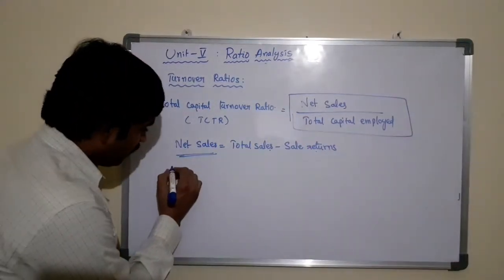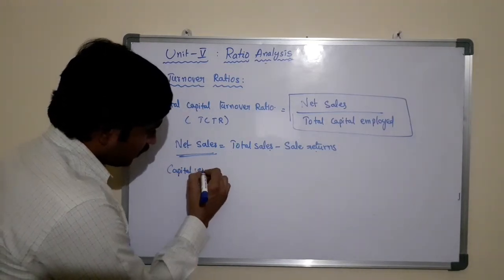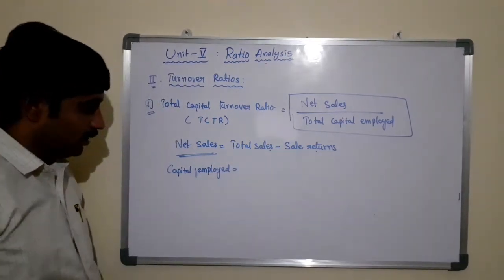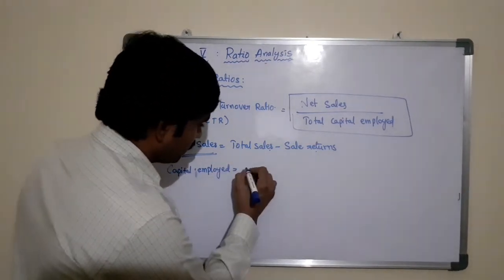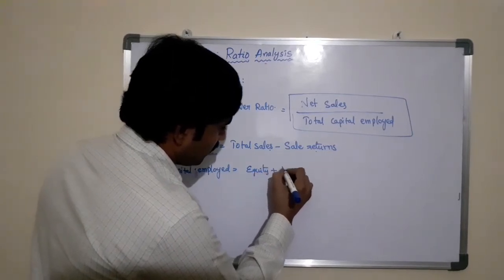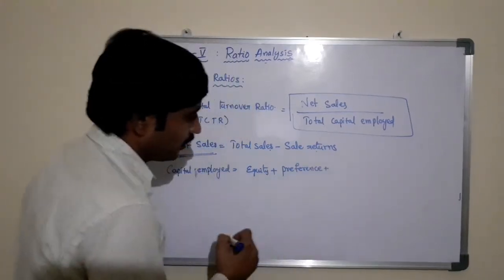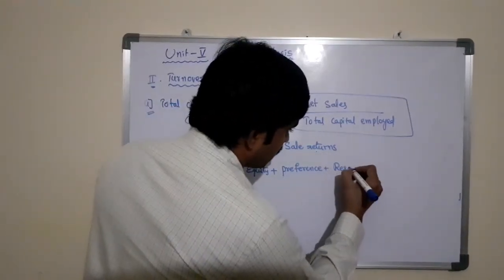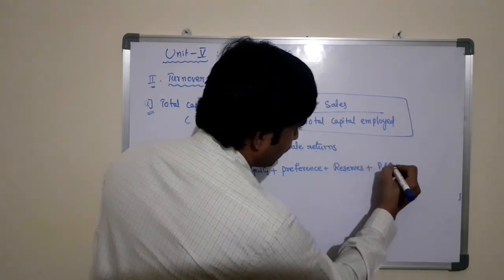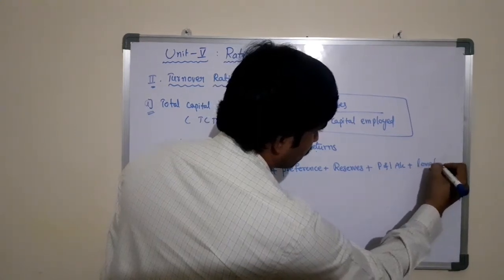Let us see. Here the capital employed equals equity capital plus preference capital plus reserves plus P&L account plus long-term loans.